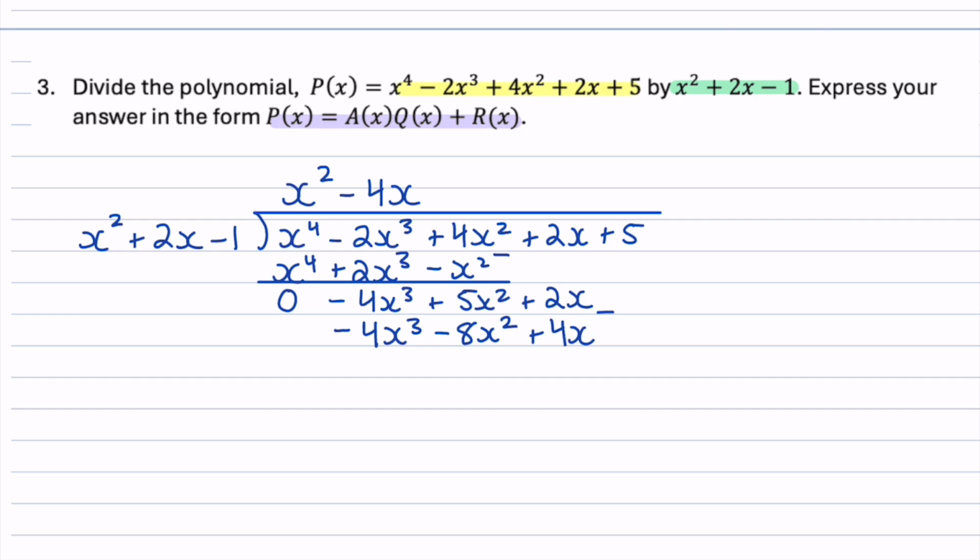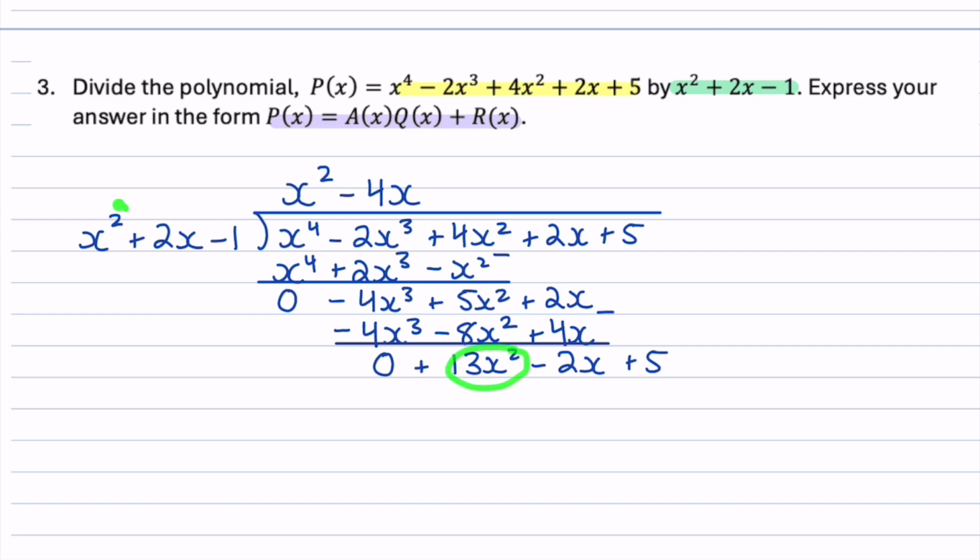And then I subtract all of this together. So I have 0, then 5 plus 8 will give me 13x squared. Then 2x minus 4x will give me minus 2x. Then I carry down my final term, which is plus 5, and I repeat again.